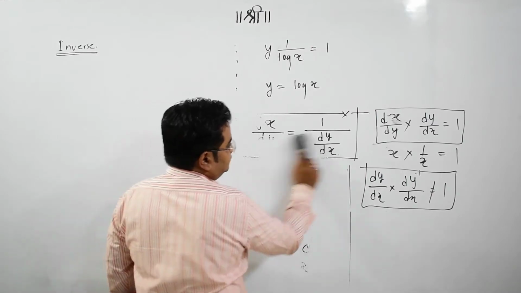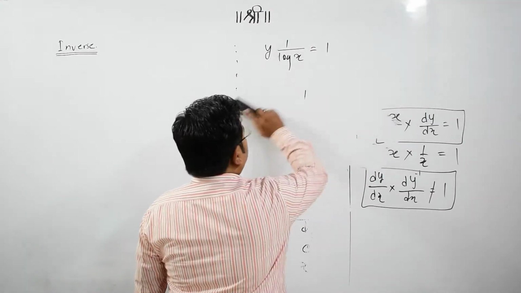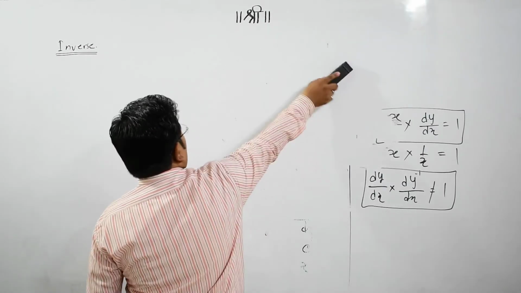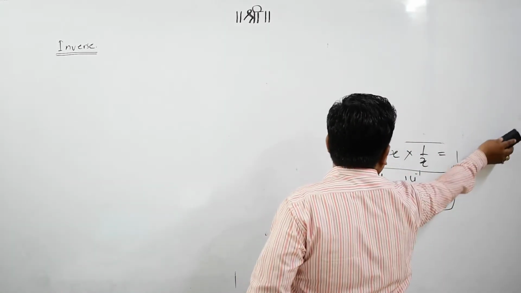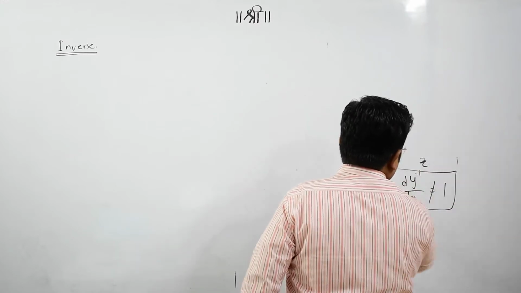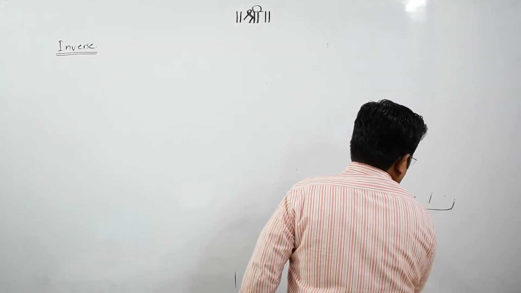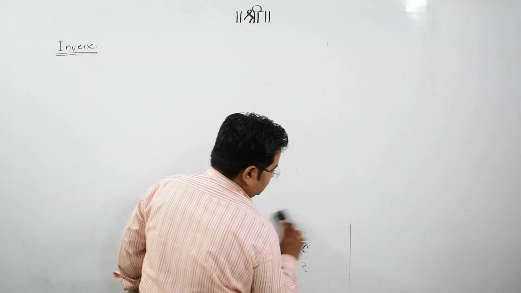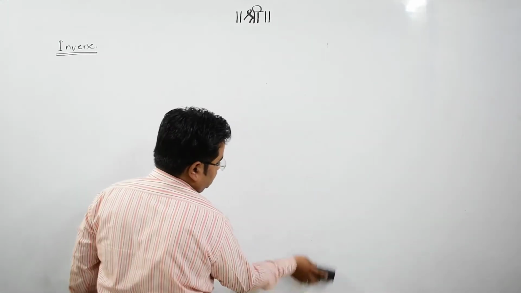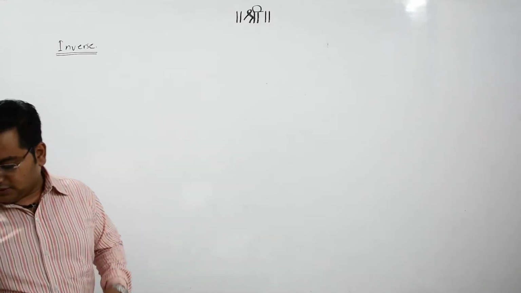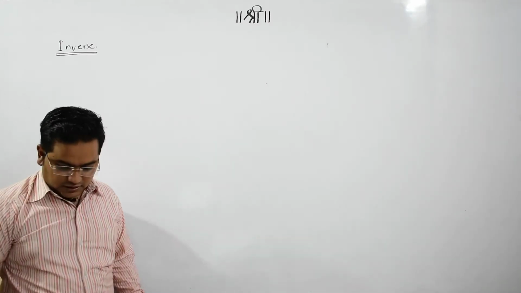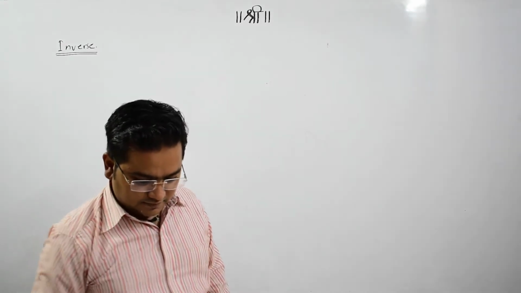Now for inverse functions, first of all we need to understand what a trigonometric function is. Most of the students think that finding the inverse of the trigonometric functions is the same as for other functions, but that's not the reality. Reality is something different.